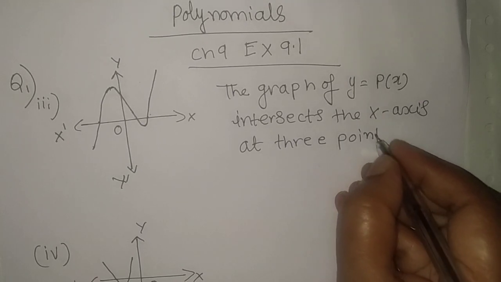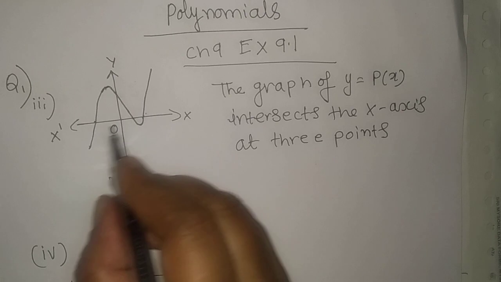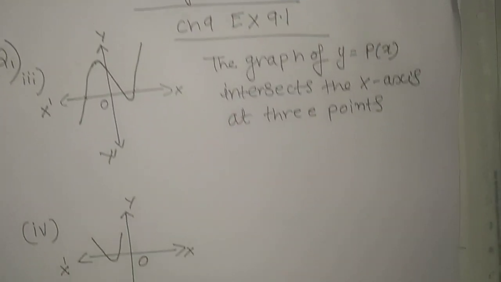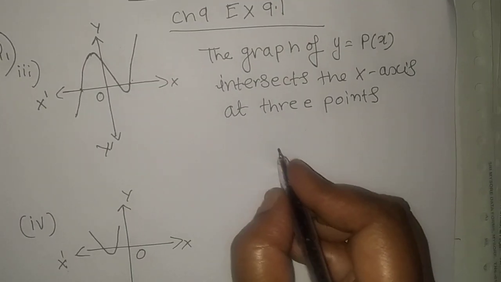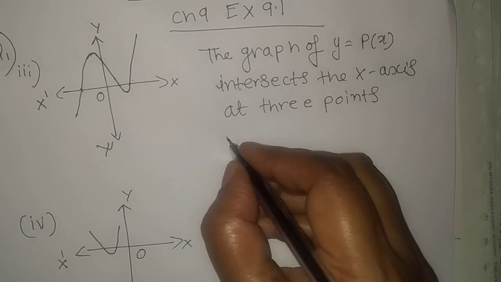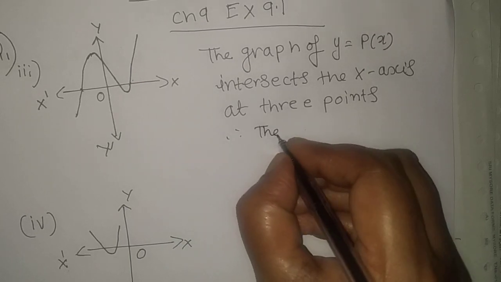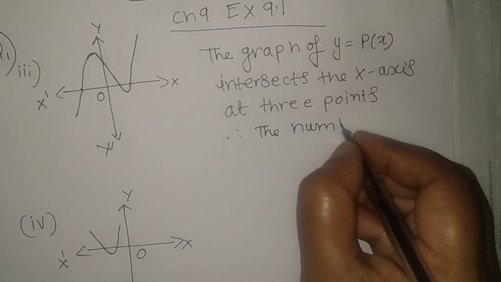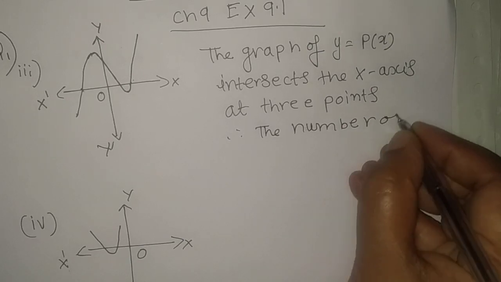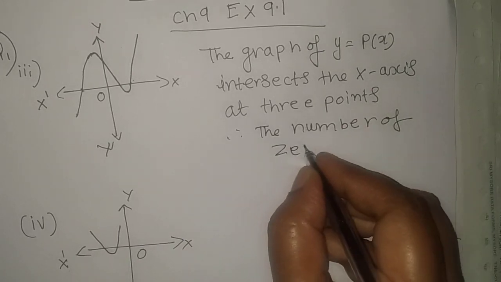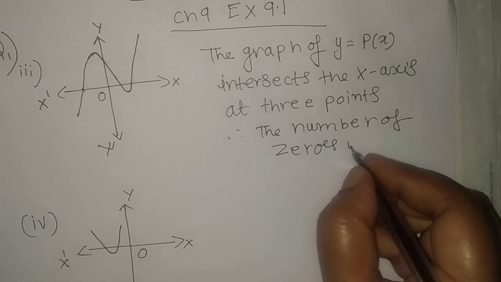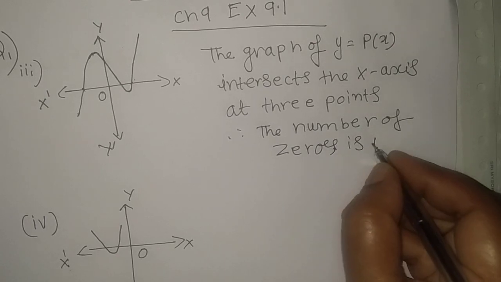As I showed you, 1, 2 and 3. So these are the 3 points. Therefore, the number of zeros is 3.